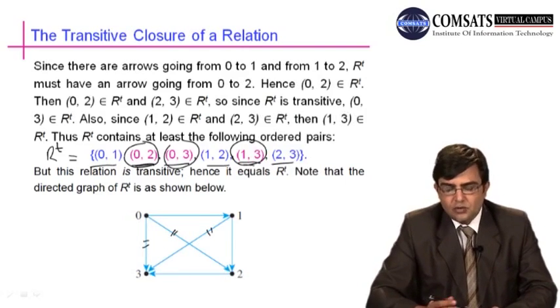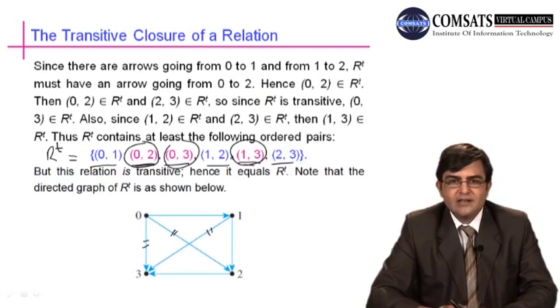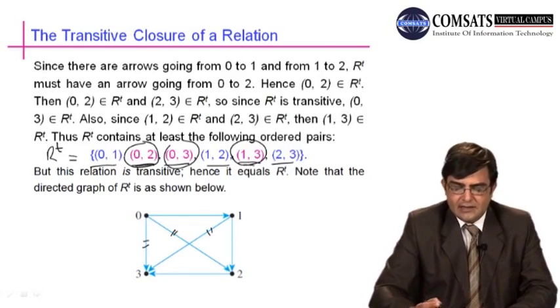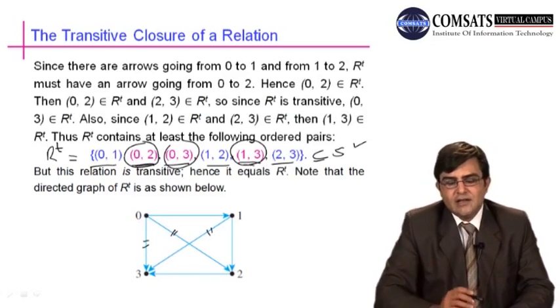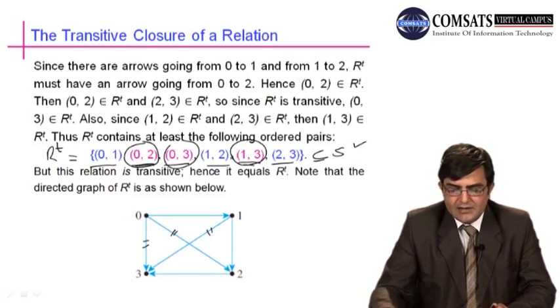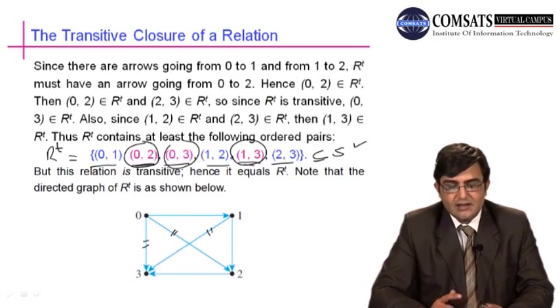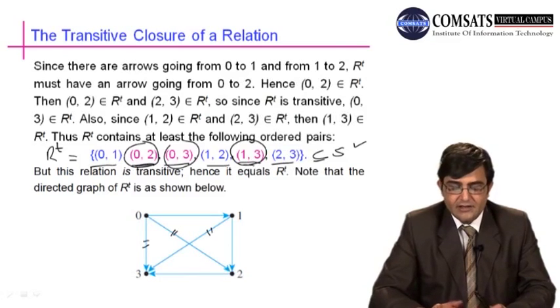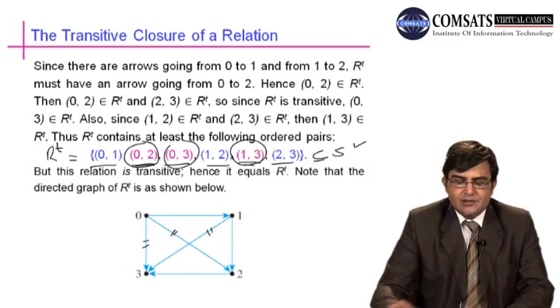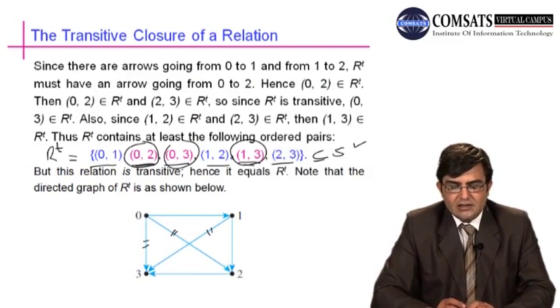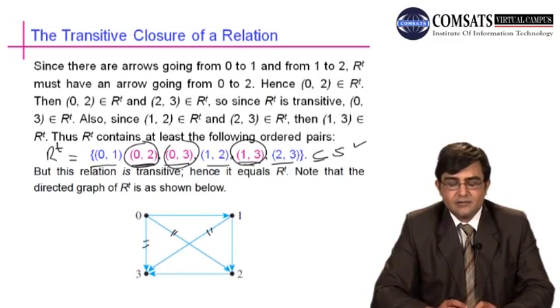You can verify that if there exists some other transitive relation S, then RT must be a subset of that relation S. We have constructed this transitive closure ourselves by adding arrows in the directed graph of R so that it becomes a transitive relation. This is the smallest possible subset of A cross A which is a transitive relation. So this is the transitive closure of a relation.